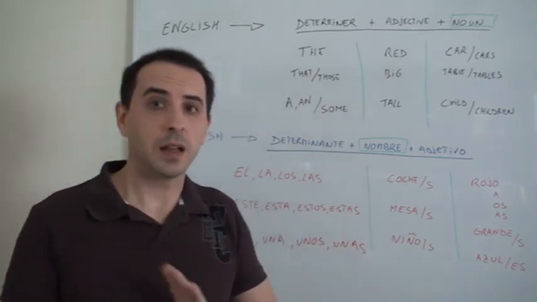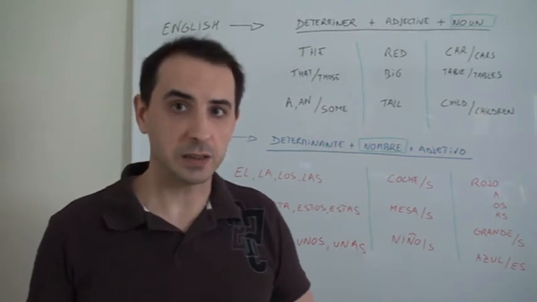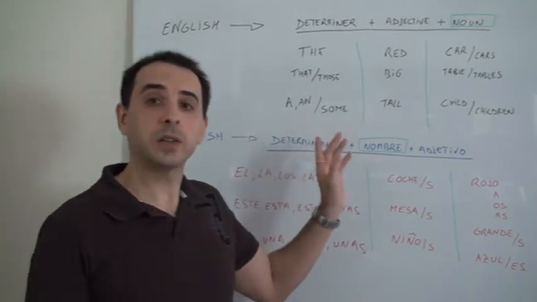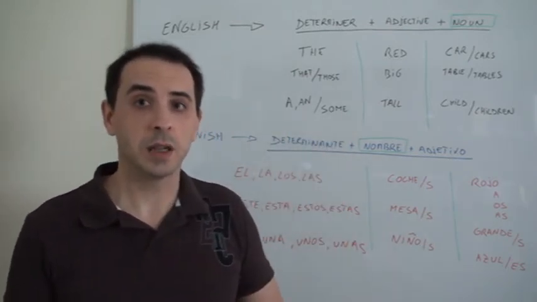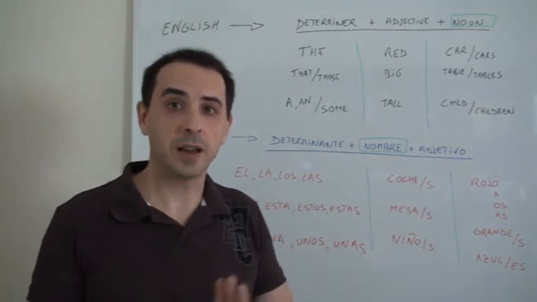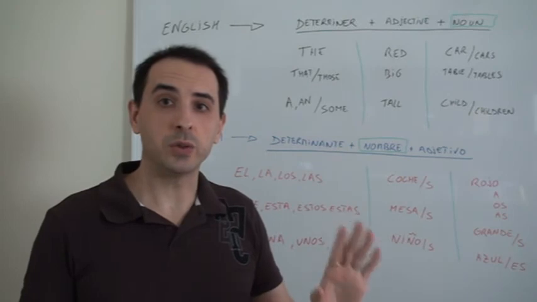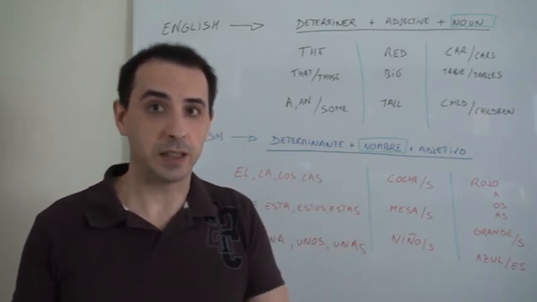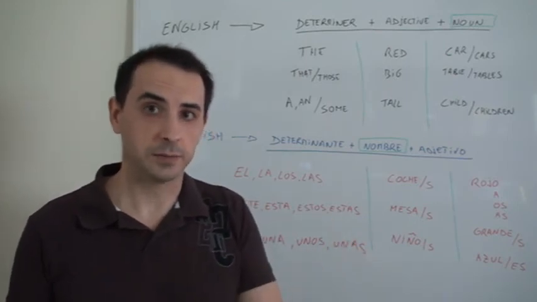So, let's see again what we have seen today. First, the most important thing is the order in English is different from the order in Spanish. In English, you say the red car. In Spanish, we use first noun and then adjective. We would say the car red.